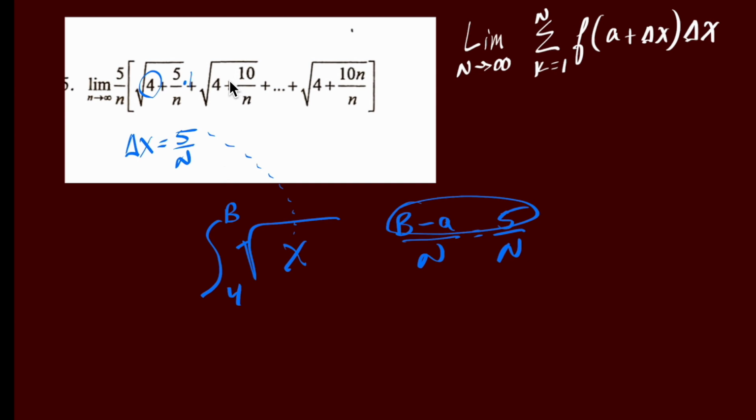Therefore, if we match the numerators, we're going to have b minus 4 equals 5, and therefore b has to equal 9. So our final integral is going to be the square root of x with limits from 4 to 9.